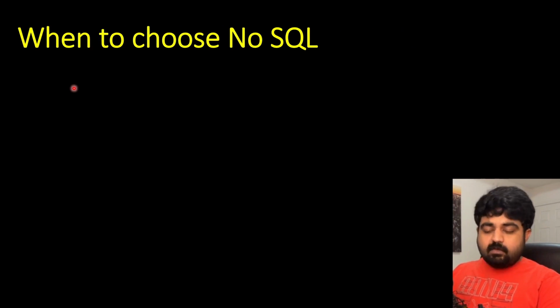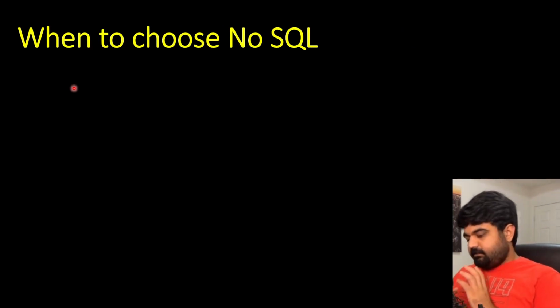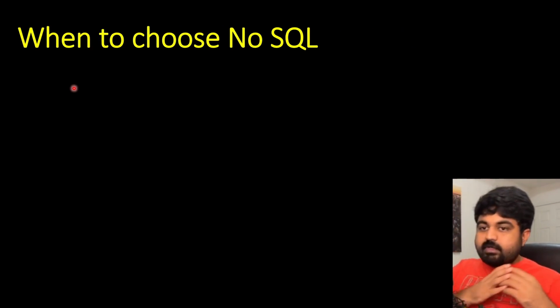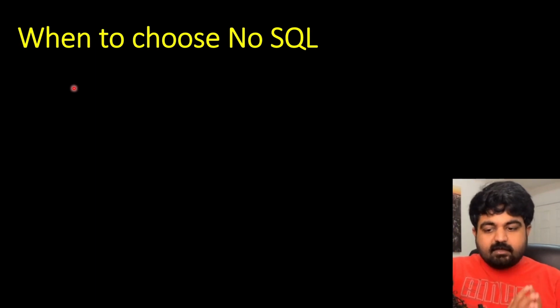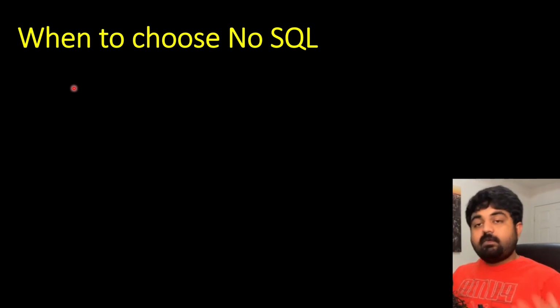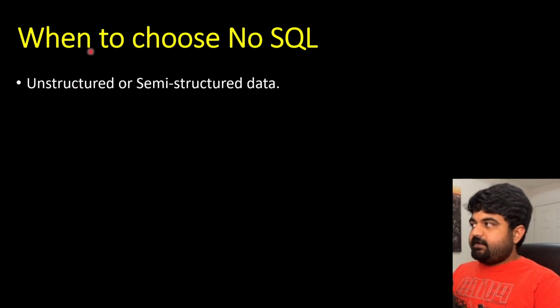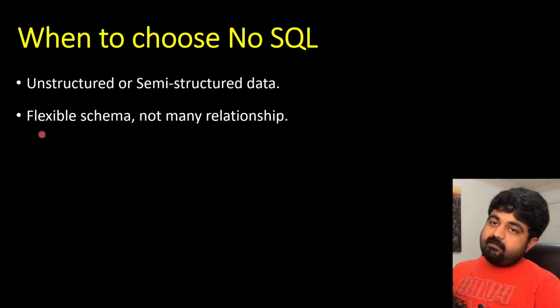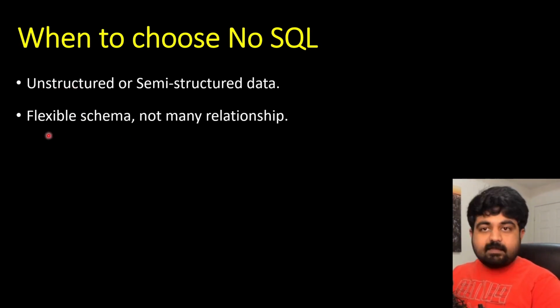And now the important topic: under what scenarios should you consider choosing a NoSQL database over a SQL database? The very first thing is, whenever you're dealing with unstructured or semi-structured data, for sure go with a NoSQL database. You are dealing with a situation where the schema might be flexible, or you don't have too many relationships.